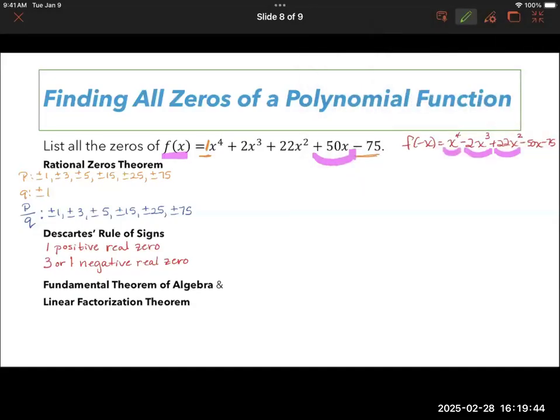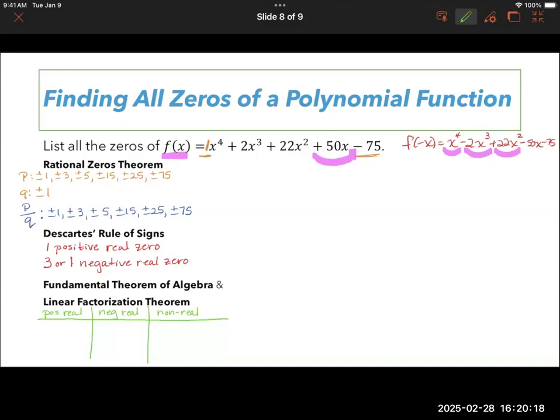For this table, we're going to have positive reals for one column, negative reals for a second column, and then I'm going to call this non-real. Because if I call it complex, everything is complex. But I don't want to call it imaginary either because it may be a full a plus bi kind of complex. So I'm going to call it non-reals.